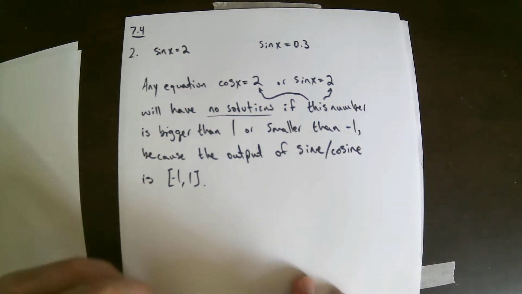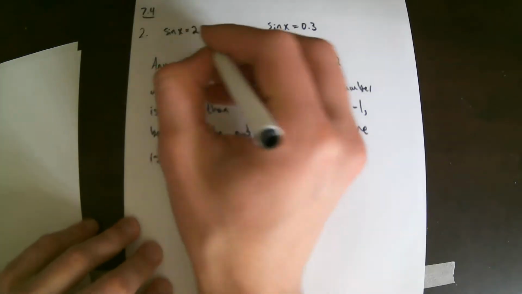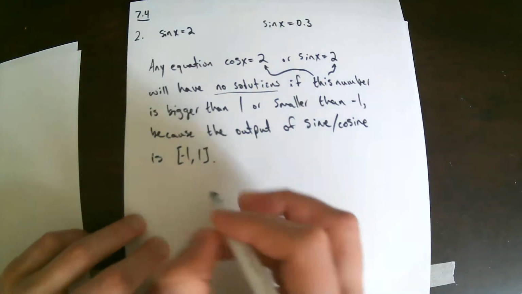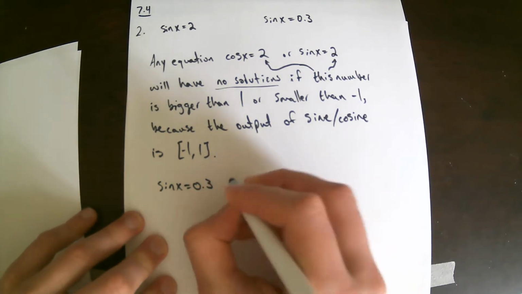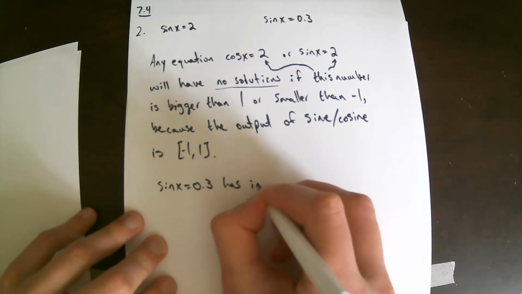So this one is none, no solutions. Now, sine x equal to 0.3 has infinitely many solutions.